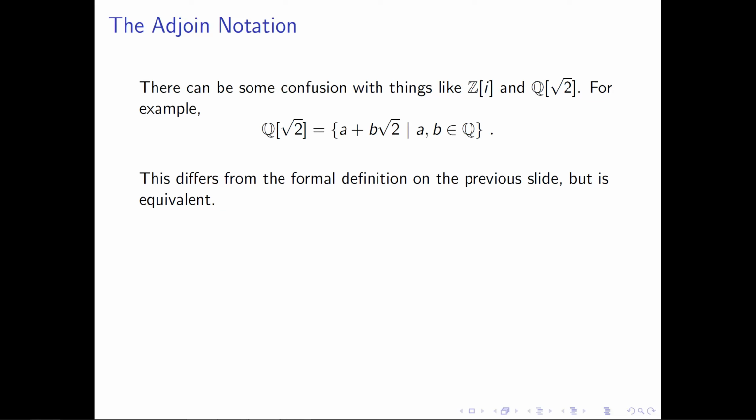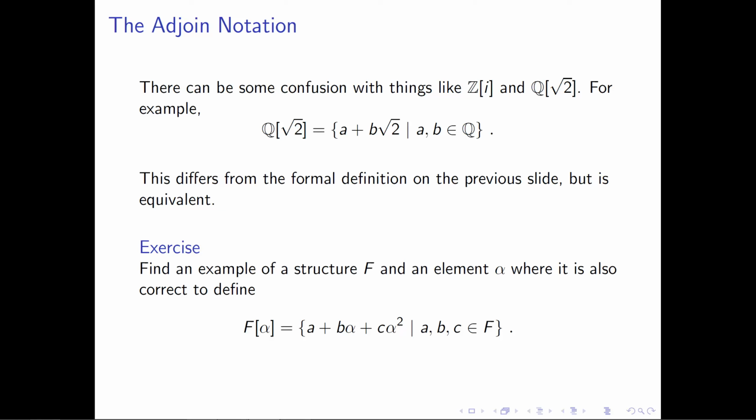And similarly, hopefully you can convince yourself, if you went even further and looked at something like d root 2 cubed, when you take that root 2 and cube it, you're going to get 2 root 2, and that can be combined with this b root 2 in order to get something of the form that we have listed here. So this is a different formal definition of Q adjoined root 2, but it's a little bit simpler to wrap your head around, and it's still technically correct, even though it doesn't follow the pattern that we saw on the previous page.